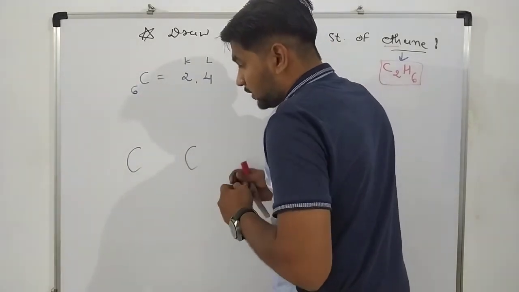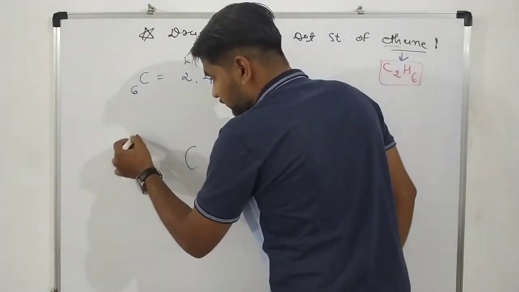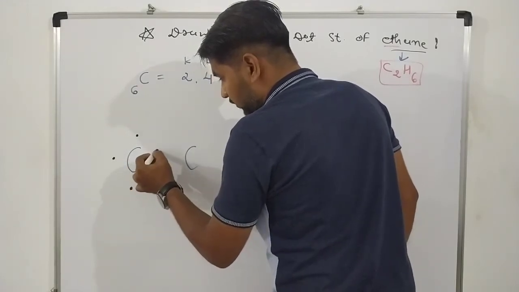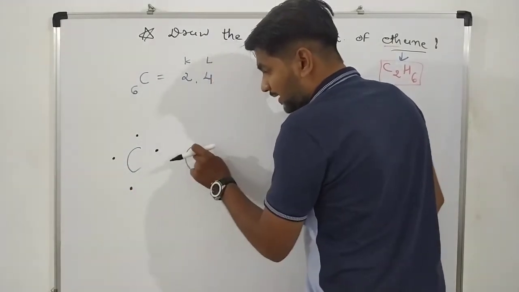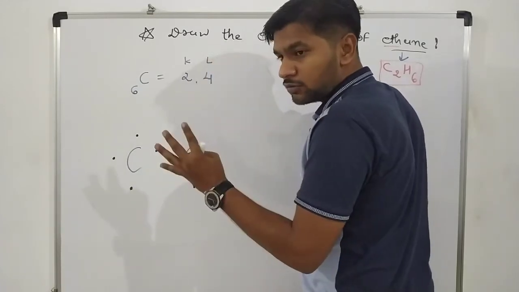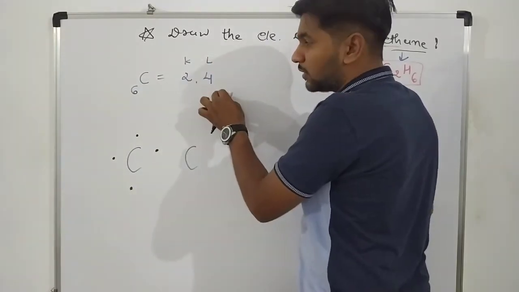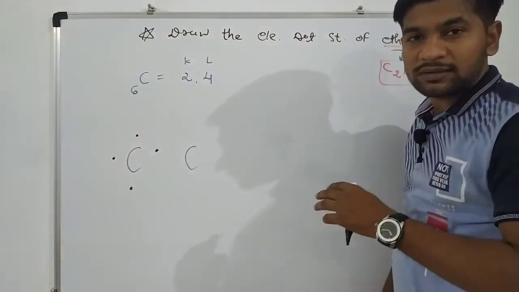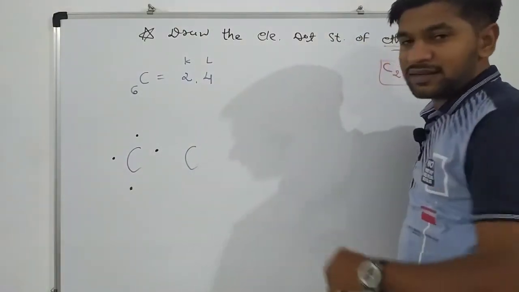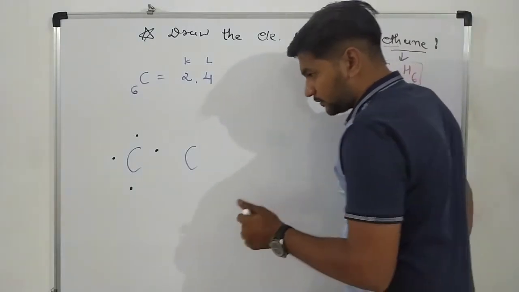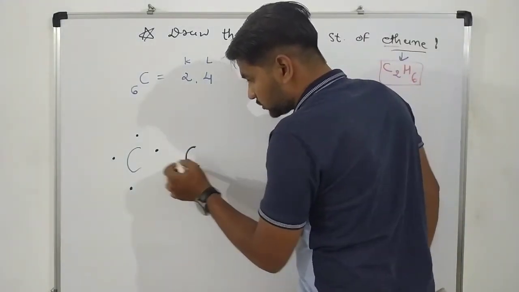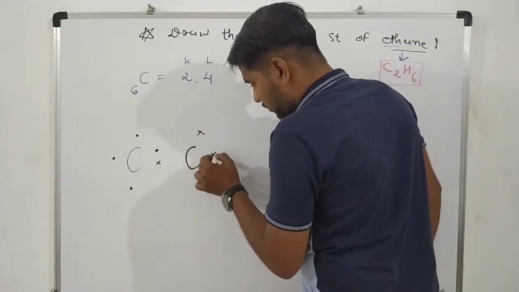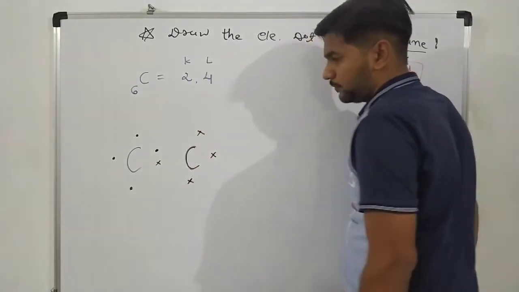This carbon has its 4 electrons: 1 here, 2, 3, 4, in the outer orbit. Then they share their electrons and complete their octet. Here this carbon has 4 electrons, 1, 2, 3, 4.